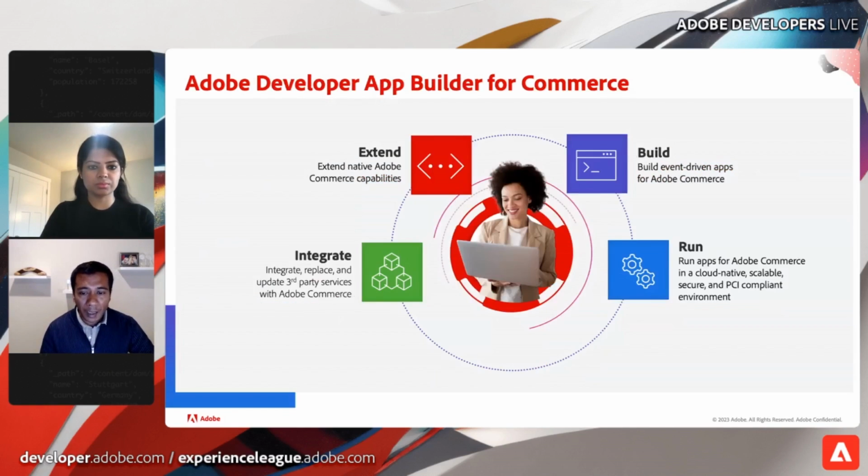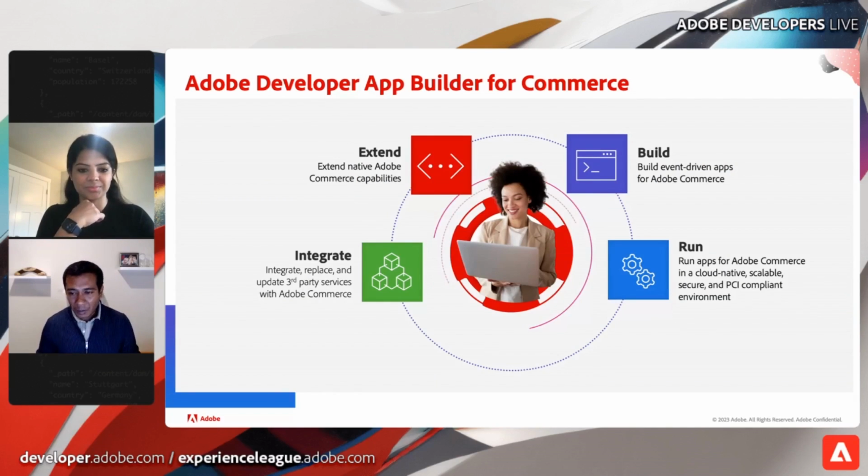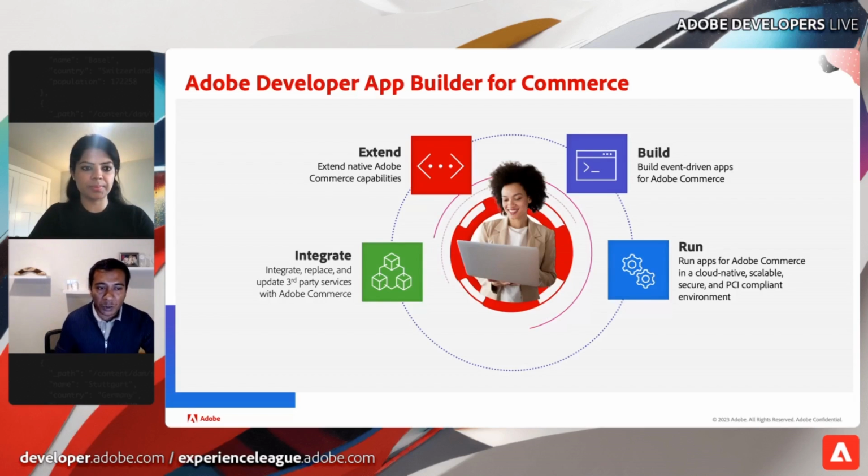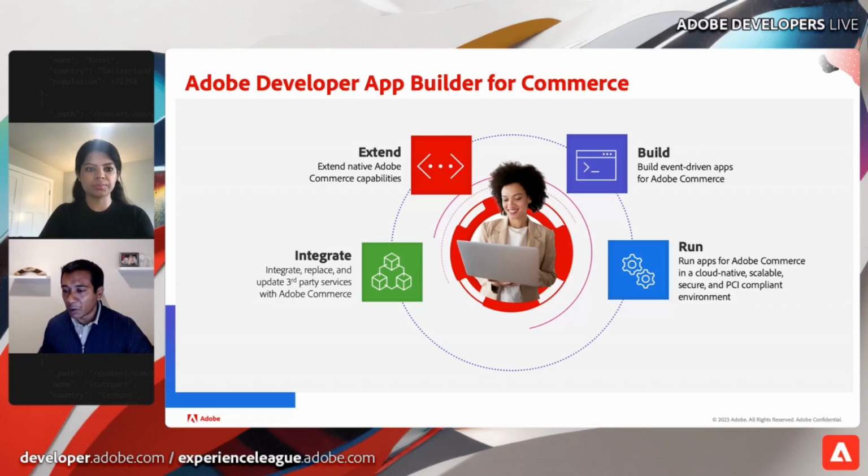Now, at the heart of our extensibility or powering our extensibility is Adobe Developer App Builder for Commerce. And that includes all the capabilities I talked about, which is it provides you with the tools and the features to integrate commerce with third-party services, replace services, upgrade services without having to refactor maybe your storefront applications or consuming applications or even downstream applications or other upstream application, I guess, like Adobe Commerce.